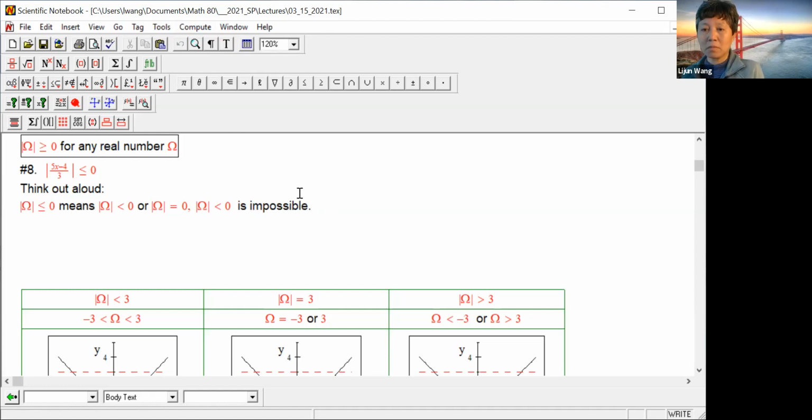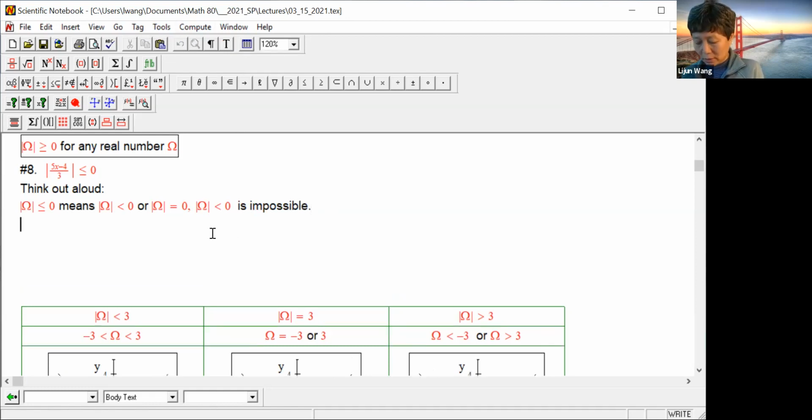Right? Thus, if this is true, then this must be true. If any omega makes less than or equal to 0 true, this must be true because the other case is impossible.